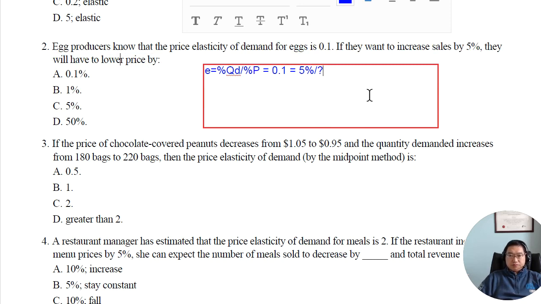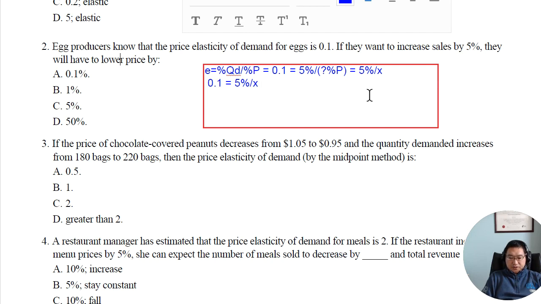We want to know this price change percentage. What is the percentage change in the price? Usually in mathematical calculation, we put an x here. The x is the unknown, the percentage change in price that we want. So we have an equation: 0.1, which is the elasticity, equals 5% divided by x.